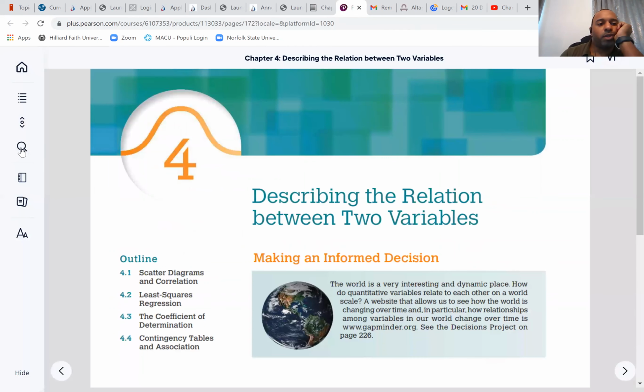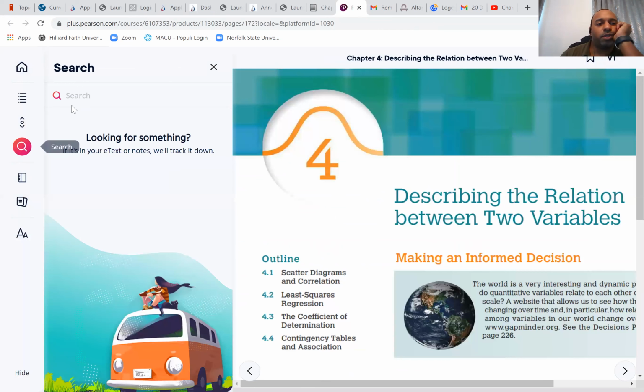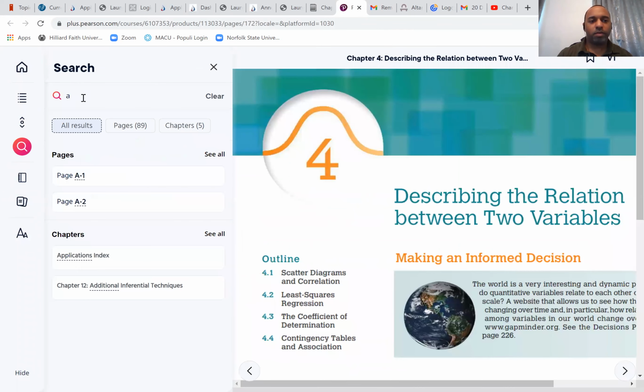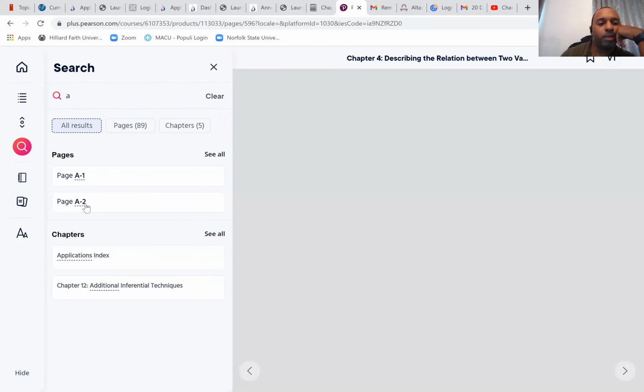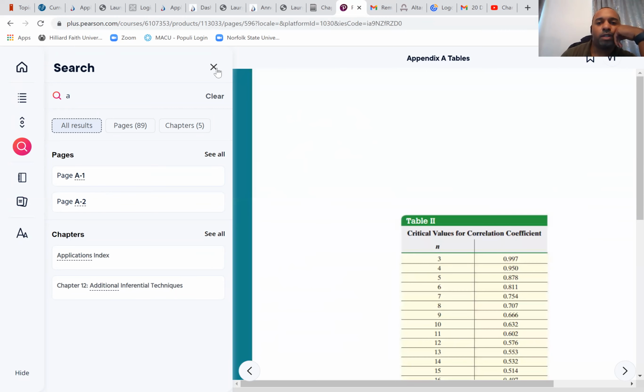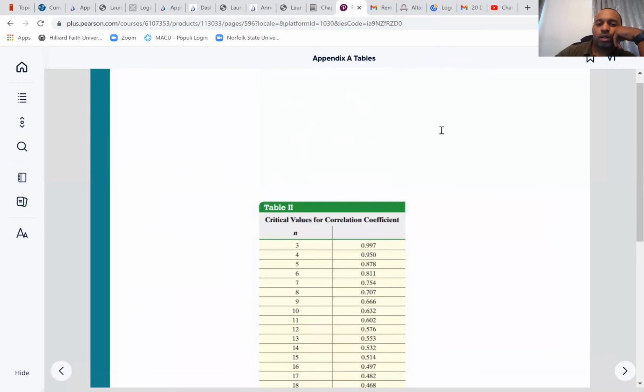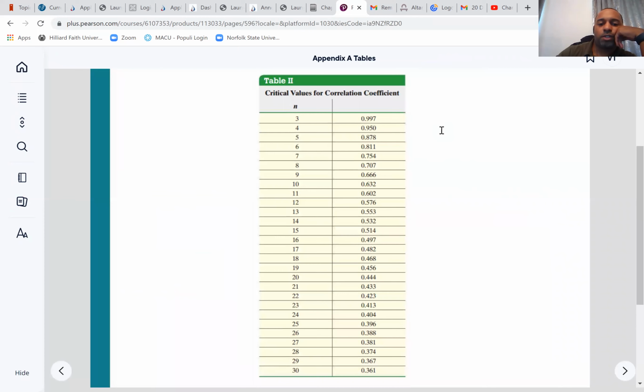All right, so here we go, and we should be able to go to search here, A-2. All I did was type A right here, but if I type A-2, I'll be able to hit it, but it came up right here. And there you go. This is the chart, the table.